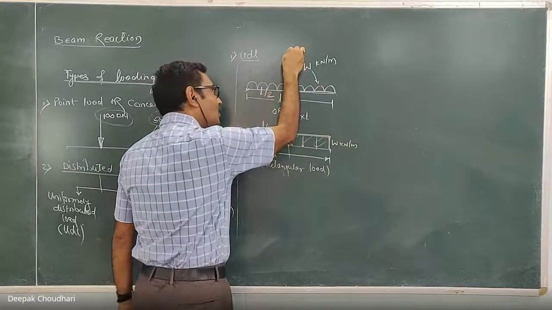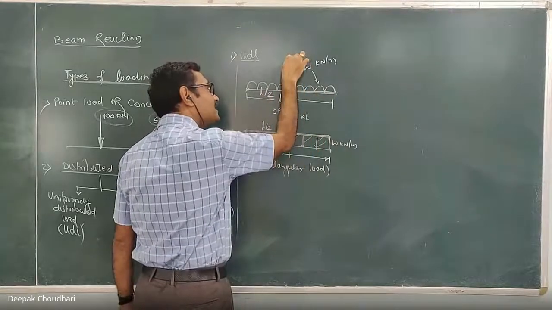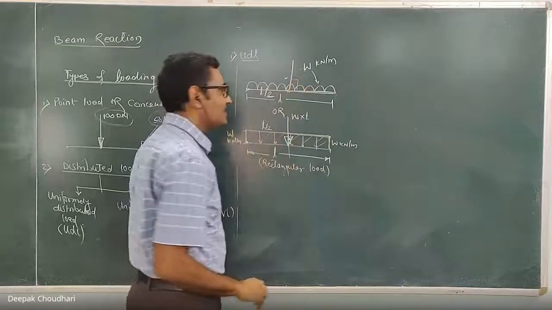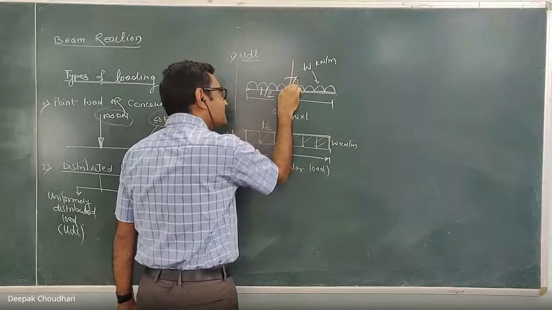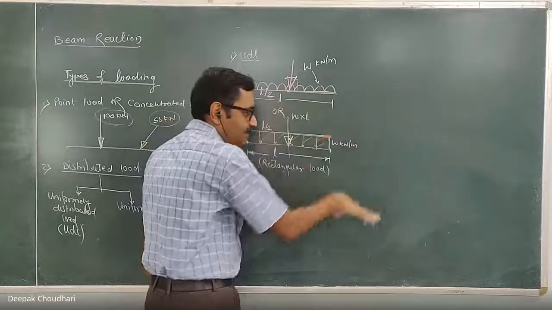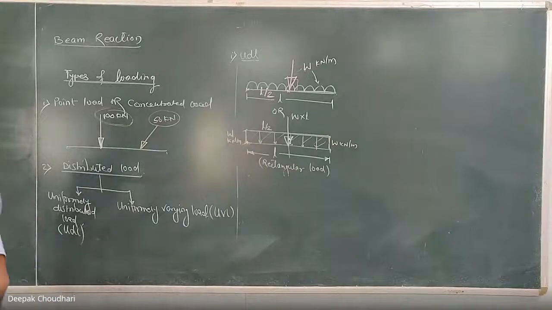Then the equivalent point load will be perpendicular to the base of that semicircular pattern. ये semicircular pattern का जो base है ना, उसको perpendicular रहता है. Understood? And directed toward the base of that semicircular pattern. Semicircular pattern का base downward है. So it is downward toward the base of that semicircular pattern.